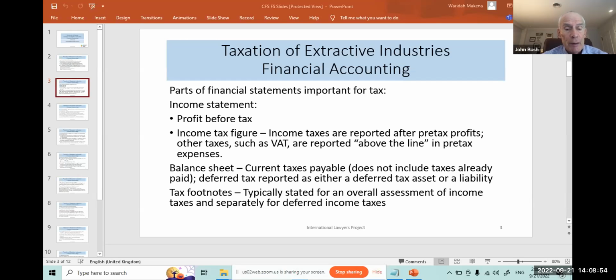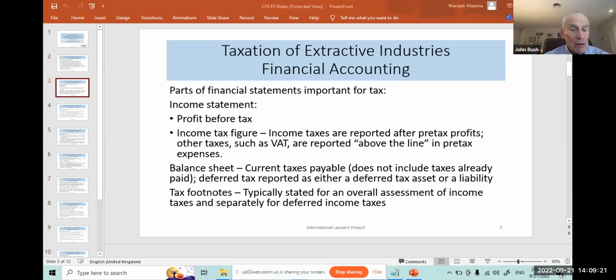So that means that taxes are either paid before the relevant amount of income is reported, or they're paid after the relevant amount of income is reported. And if they're paid before, that creates something called a deferred tax asset. If they're paid afterwards, it creates a deferred tax liability.